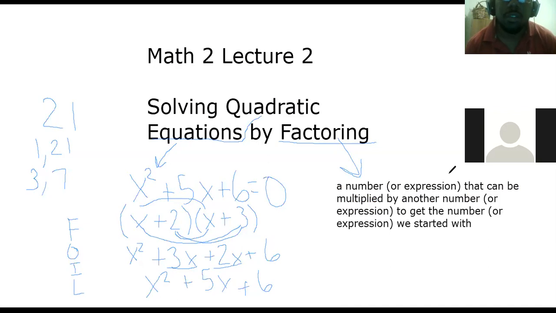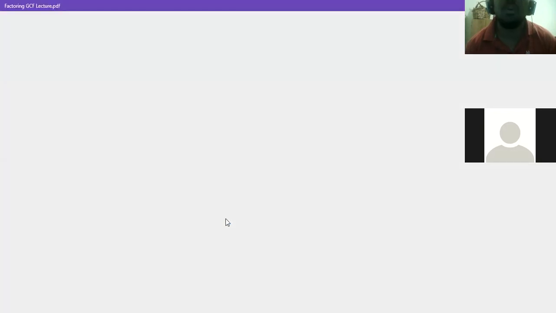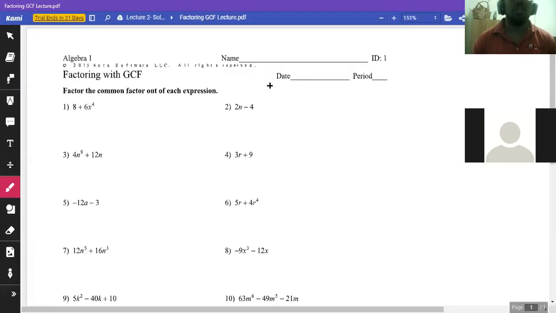All right. So we're going to start from the easiest type of factoring and work our way up. We'll review all those types of factoring you might see in a Math 2 class, and then we start actually solving equations.